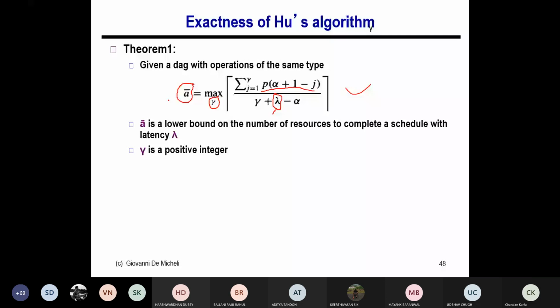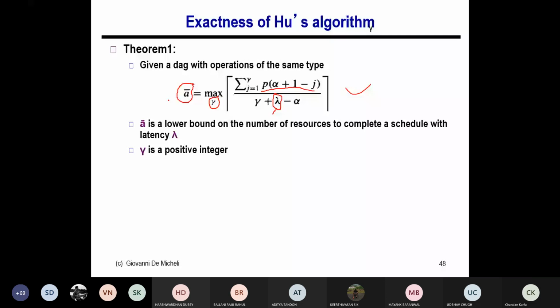And the beauty of this Hughes algorithm lies in theorem 2 and the corollary: if we apply it to this graph with unit delay and a resource bound, it actually achieves the minimum latency. That means it minimizes latency under resource constraint.